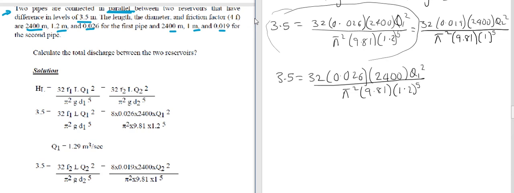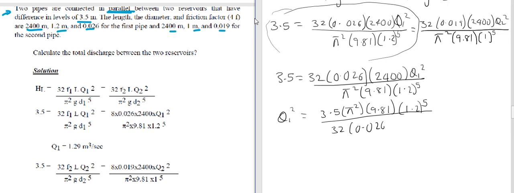Now make Q1 squared the subject of the formula. So Q1 squared will be equal to 3.5 times pi square times 9.81 times 1.2 raised to the power 5 over 32 times 0.026 times 2400.